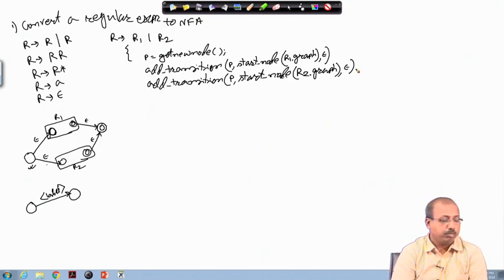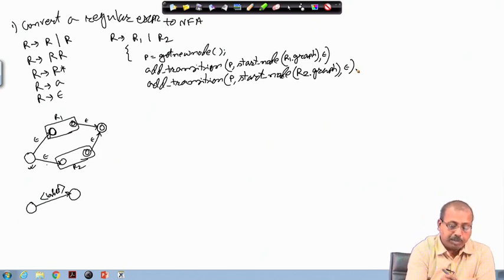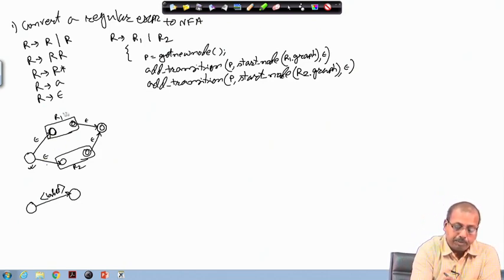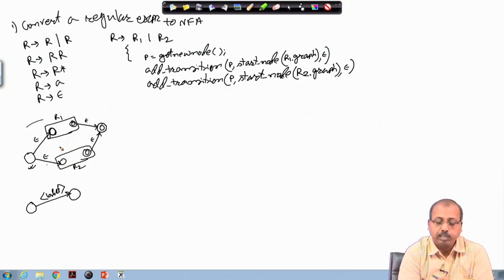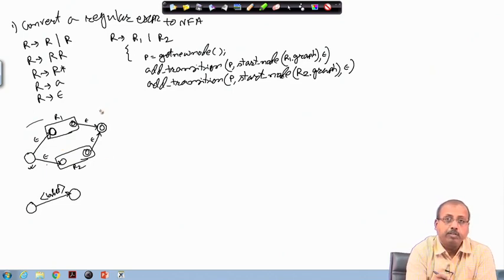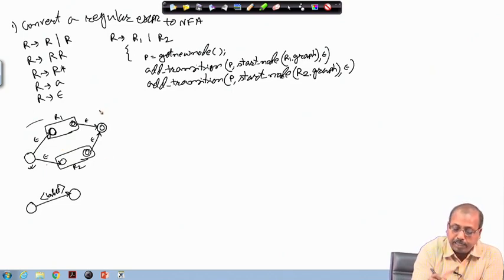That add transition can be done. Now, this part I have made. Once I have these R1 and R2 graphs available, I have made the left part of the diagram. Now, for the right side, what I have to do is get another node.